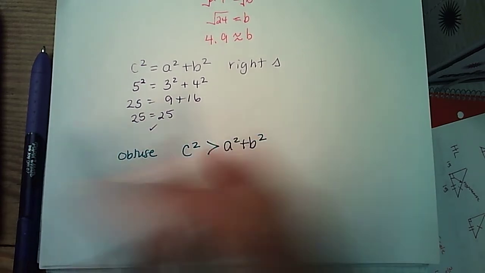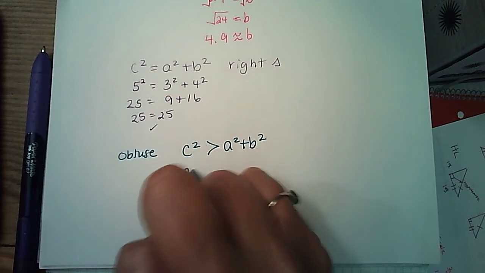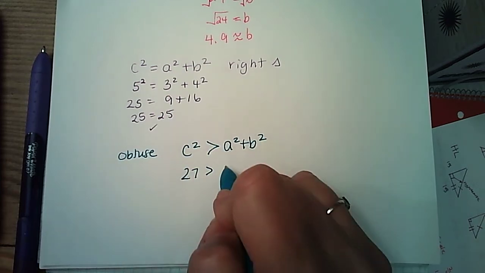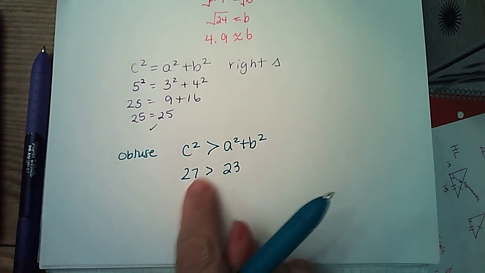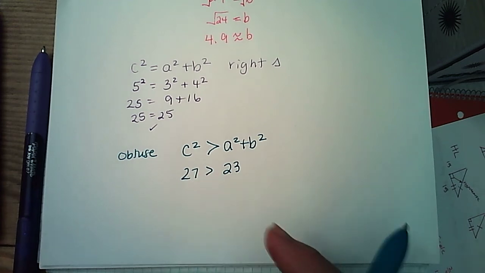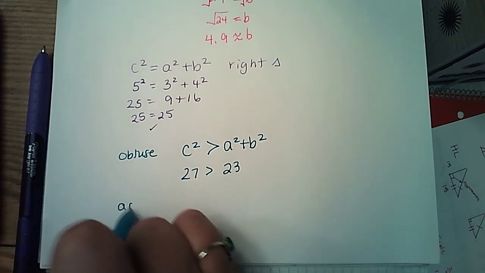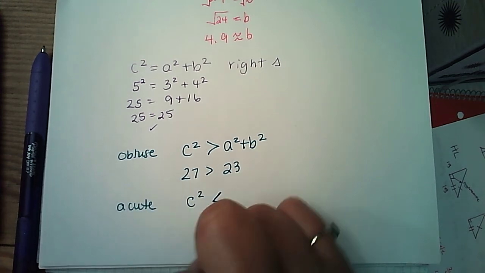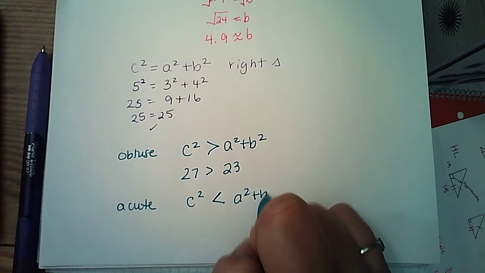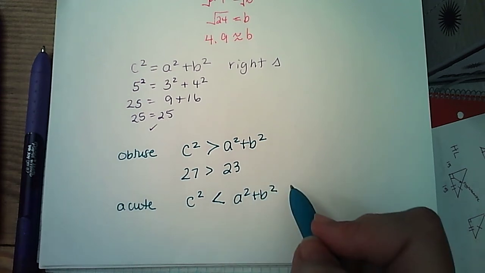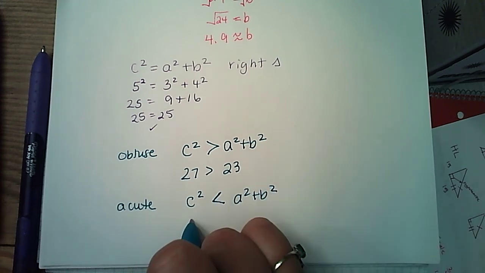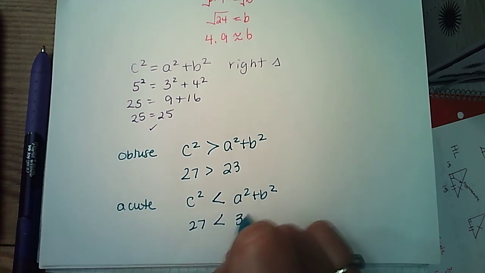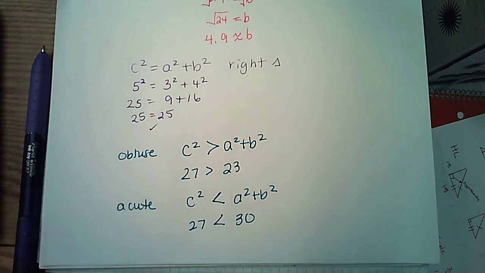So when I do the math, and I'm just going to make up numbers, one side might be 27, and the other might be 23. So 27 was larger, so that would make it obtuse. Then just like our acute angle, if C squared is less than A squared plus B squared, then it's an acute triangle. Another example is if I had 27 is less than 30. It would be acute when I did the math.